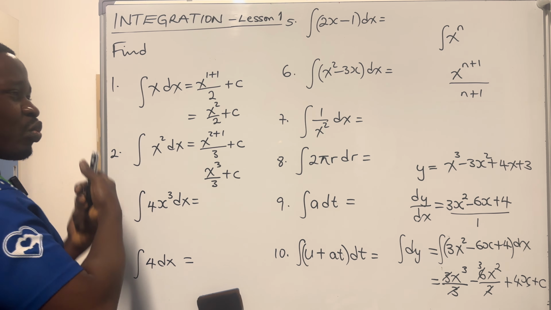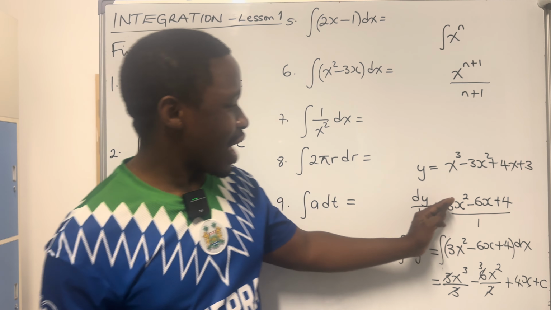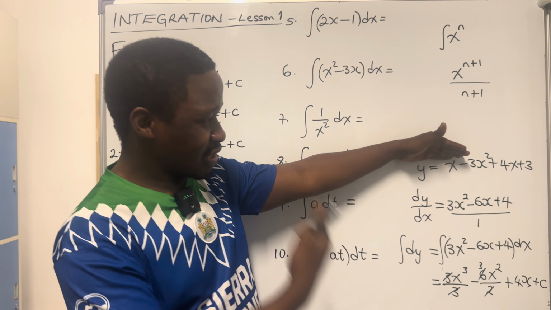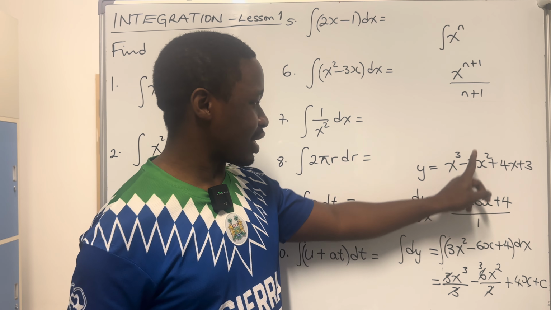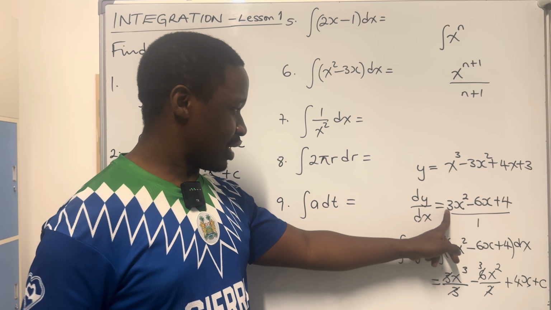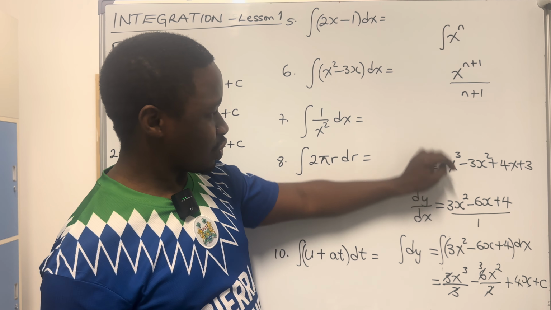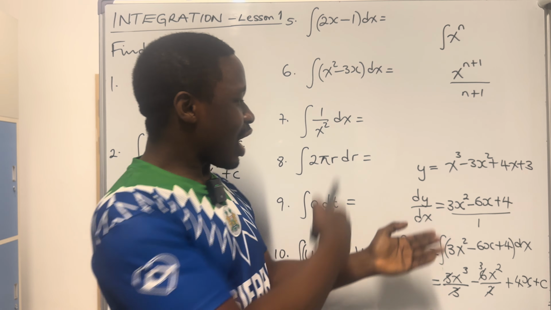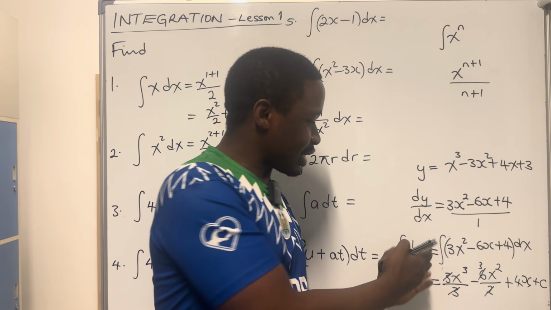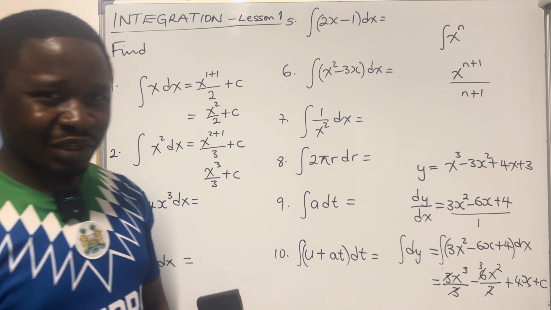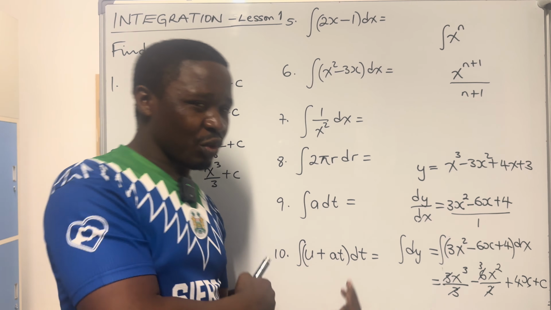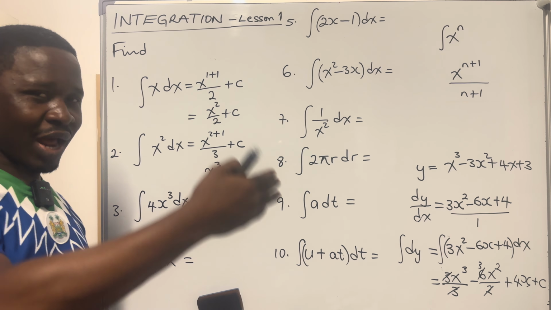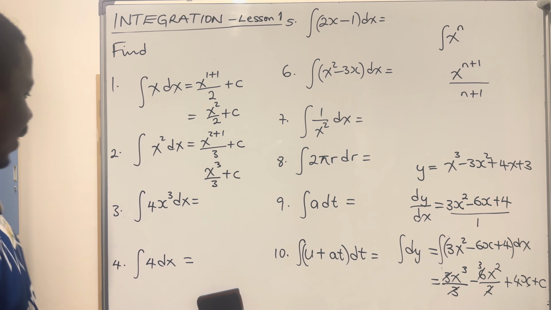The reason for adding 1 is because when we are getting this function by differentiating, we always subtract 1. You see, 3 times 1 is 3, then x raised to 3 minus 1 is 2. So we subtract 1 to get the derivative, and to take it back to where it was, that is the reason we also add 1.